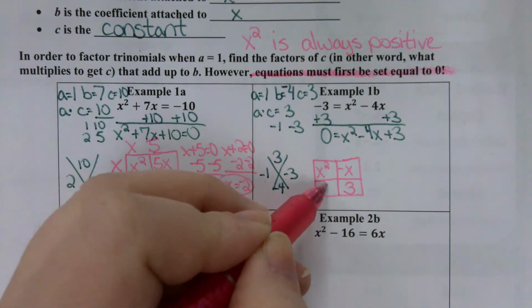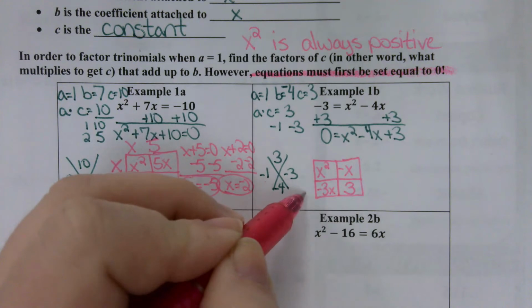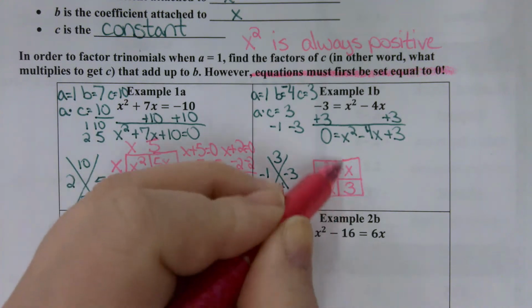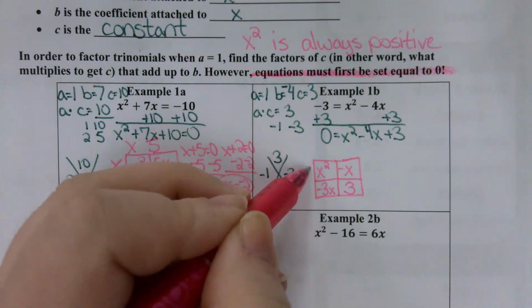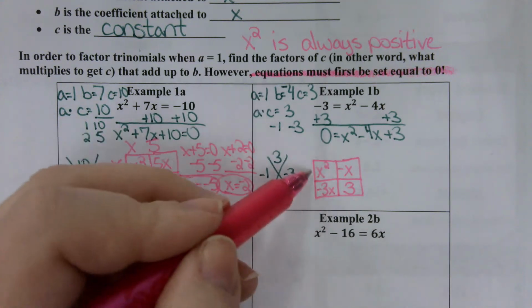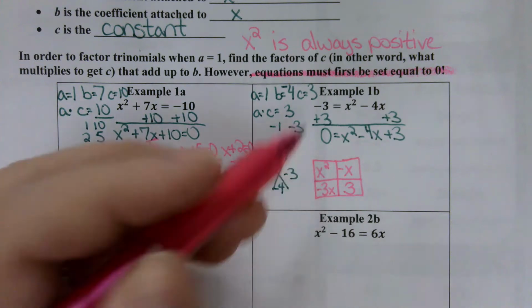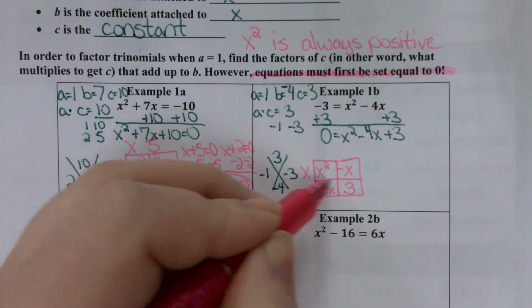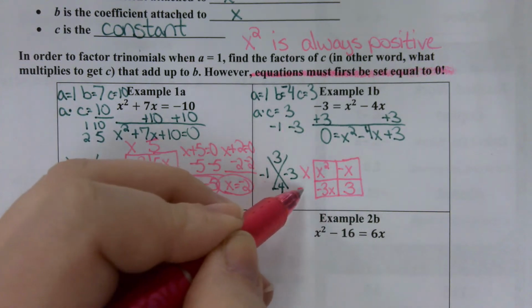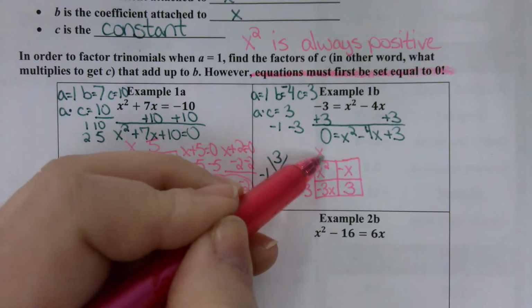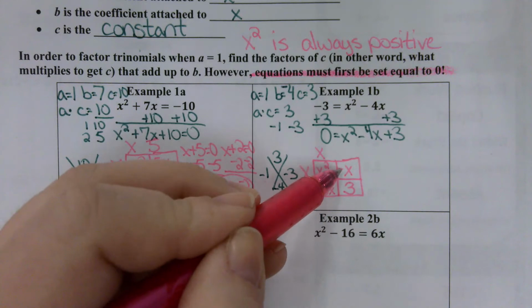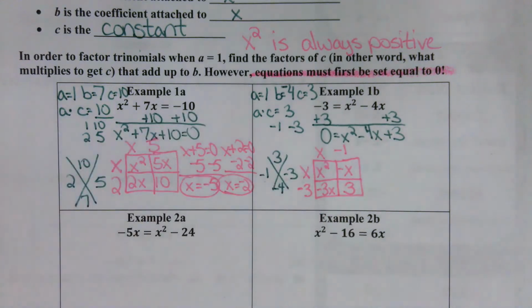Now, because those are both negative, that means that whatever GCF I take out of the bottom and the right will also be negative. Remember, our first terms are always positive. So what can come out of this top row? Just x. Out of the bottom row, -3. The left side, just x. And the right side, -1.